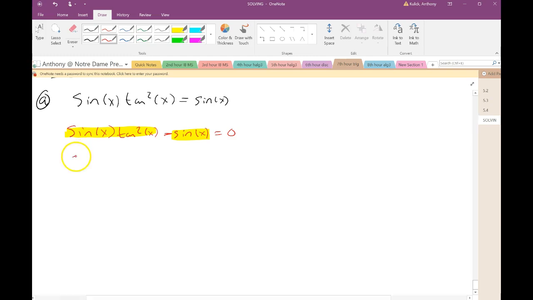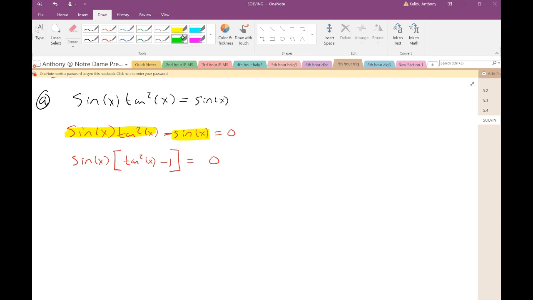There is a sine x in common, so let's factor that off. Everybody okay there?